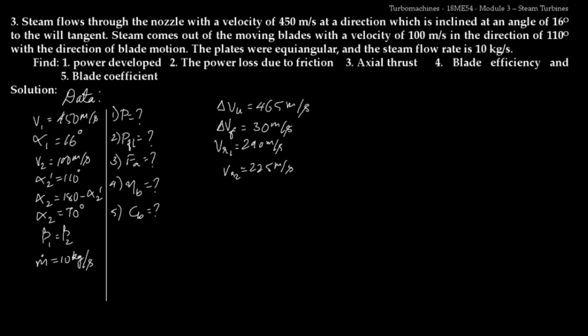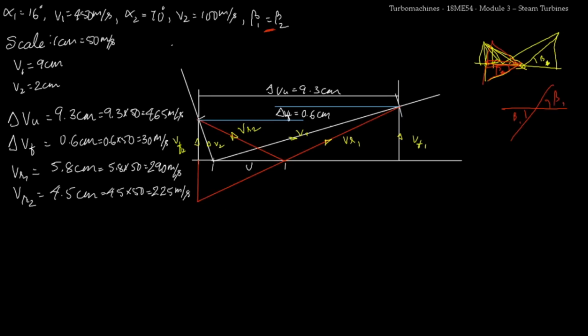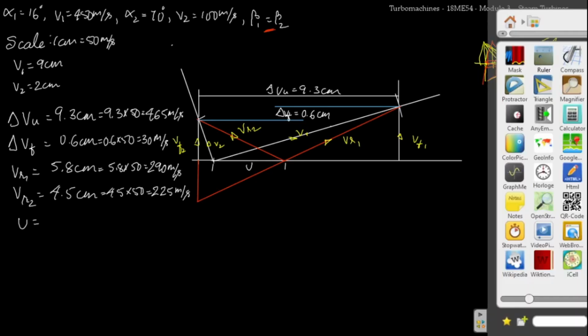Now let us calculate the first parameter, that is the power. Power is given by m dot into u into delta Vu. Oh, we forgot to measure the length of u. That is very important in this problem, since we don't know the length of u. We have constructed the velocity triangle like this.